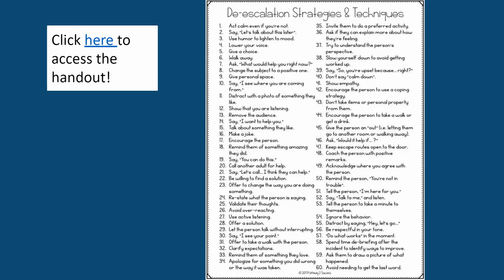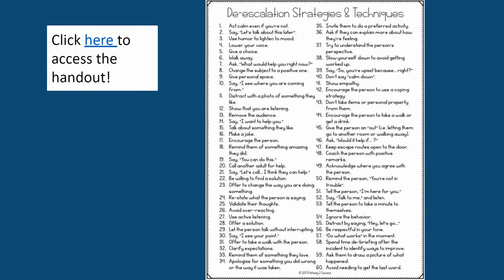Asking our students' input, would it help if... and sometimes we underestimate how well our students can tell us what they need or what they don't need, and how we need to respect that. Also thinking about how we engage in these spaces: our voice, our body position, the level at which we're talking to students, whether they have an opportunity to walk away or take a break or get themselves out of a situation in an appropriate way.